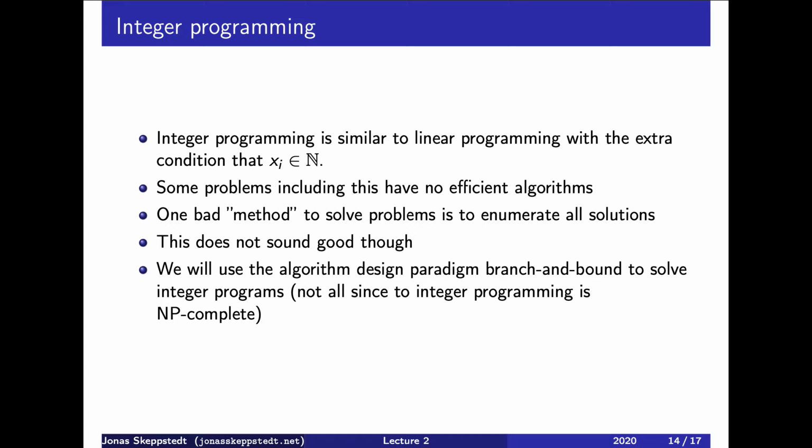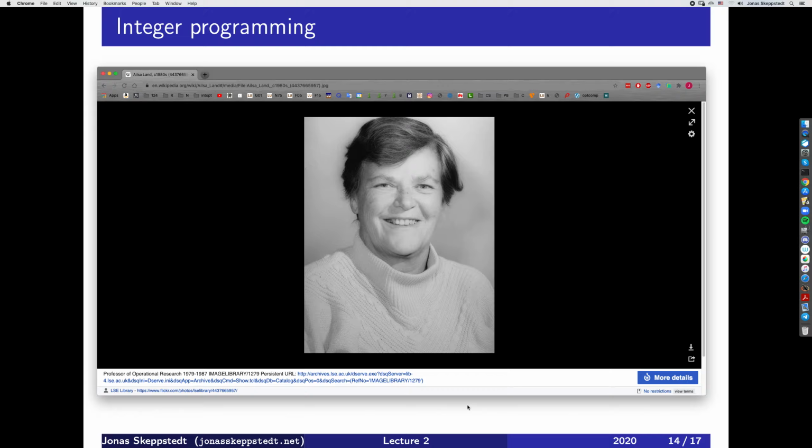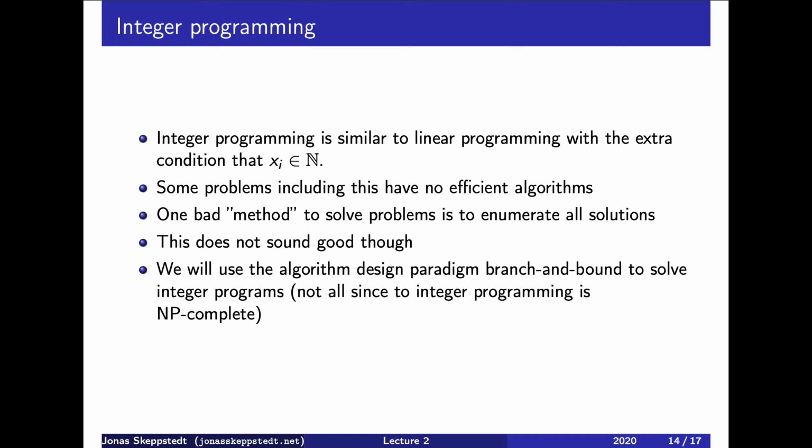Okay, and this algorithm design paradigm was invented by Ailsa Land in the late 1950s at the London School of Economics, and she is now 93 years old. Okay, so let's see how she did this.